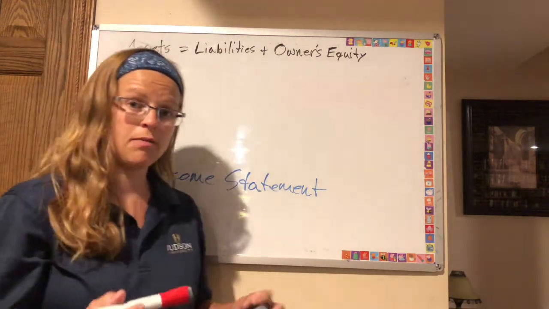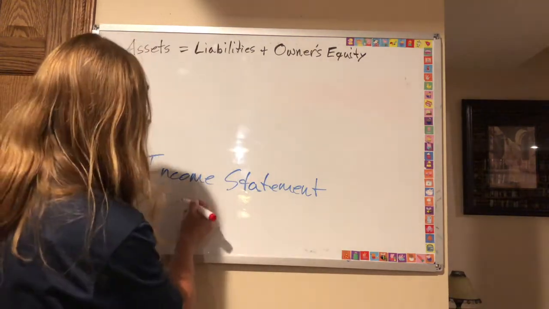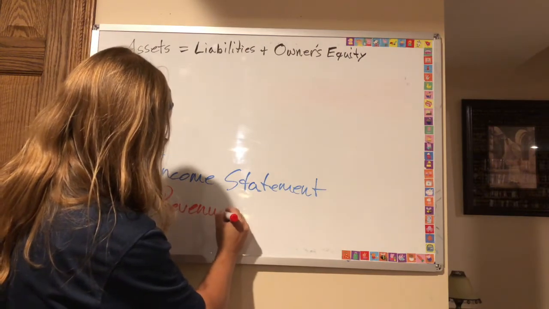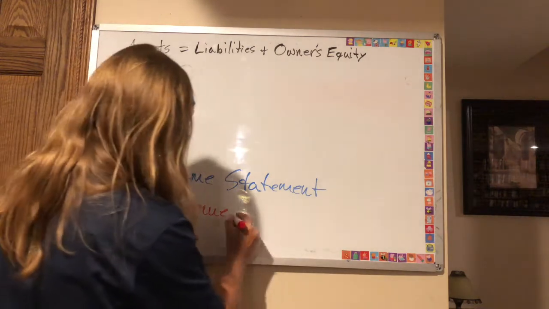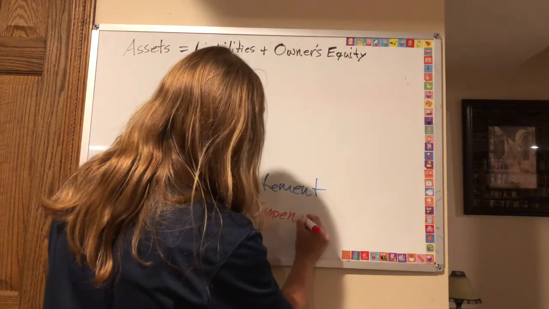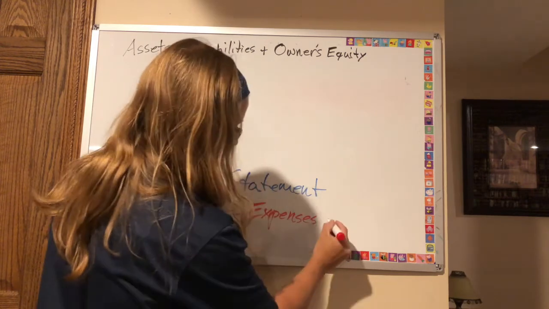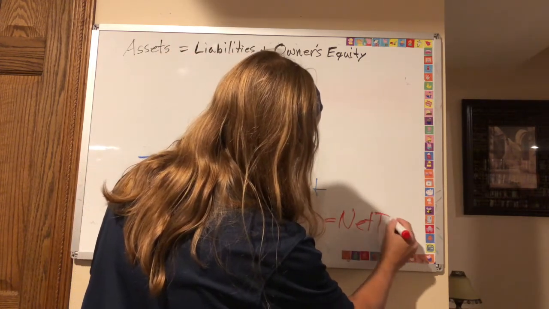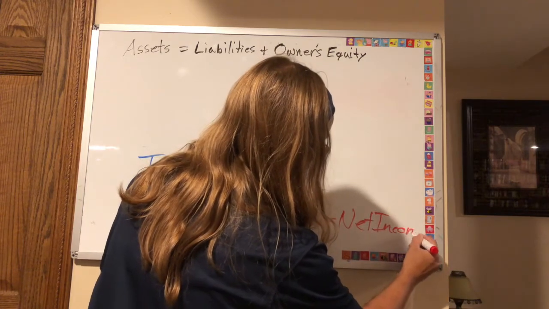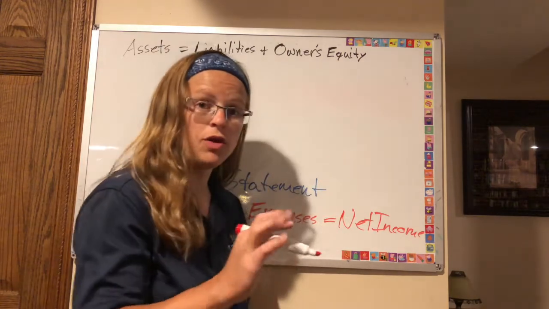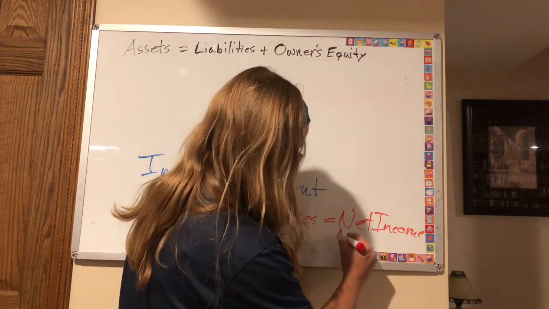Now, the income statement is revenue minus expenses equals net income. You'll see me abbreviate net income continually throughout this class as NI.